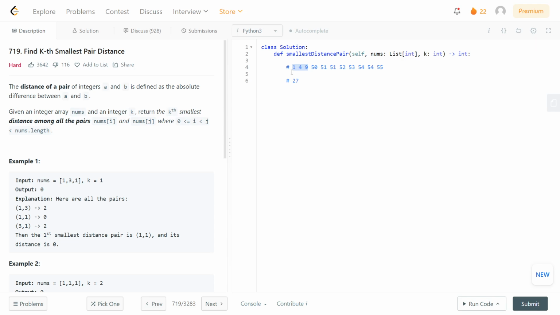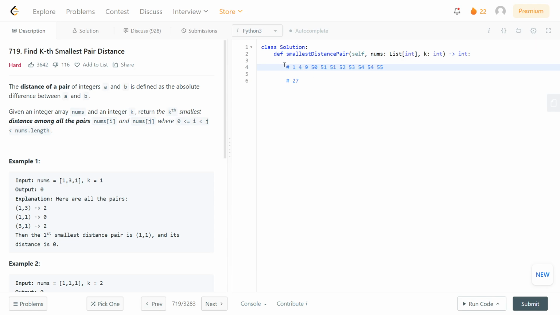When we add 1, then we have now 9, and the combinations 1 and 4, 1 and 9, 4 and 9.